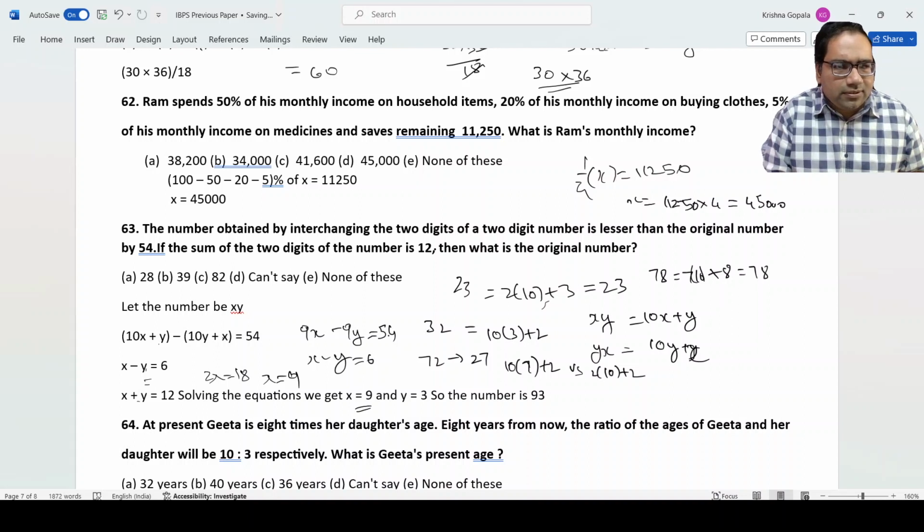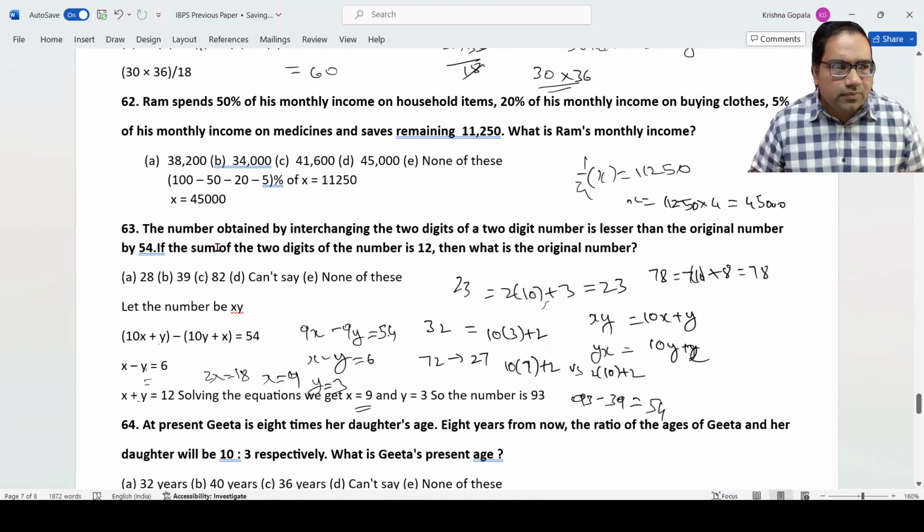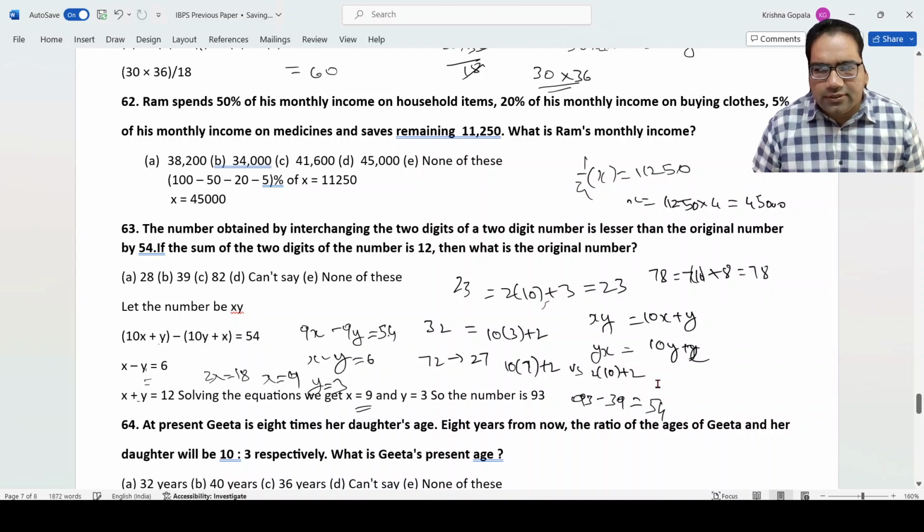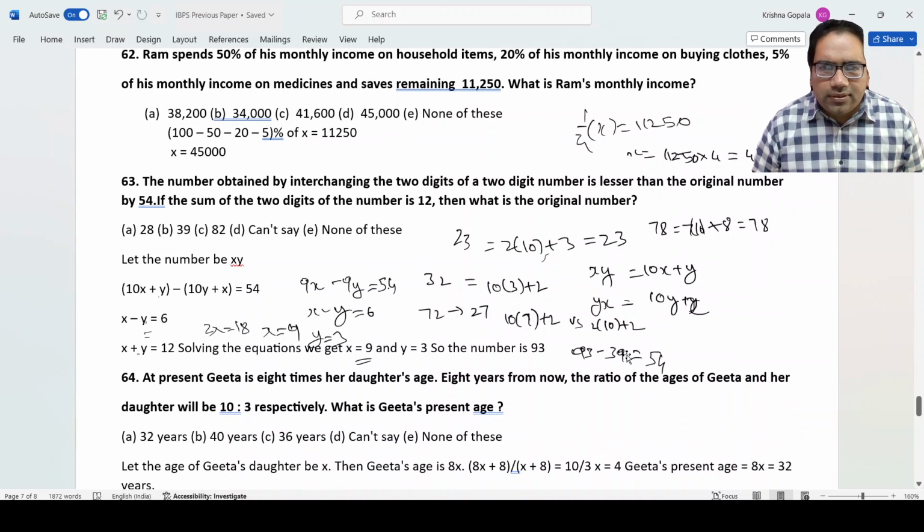So the number is 93. 93 minus 39 is equal to 54, which is what is given. 54 plus 39: 54 plus 40 is 94, minus 1 is 93.